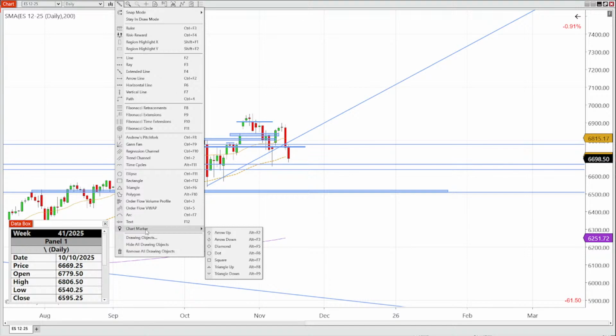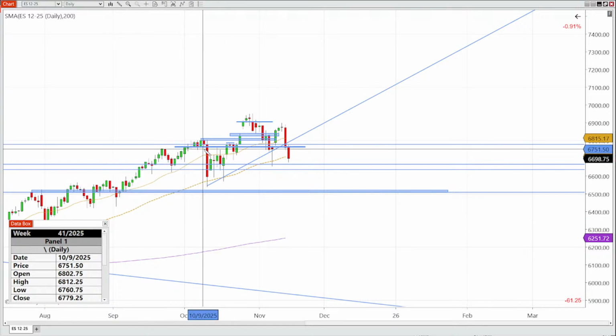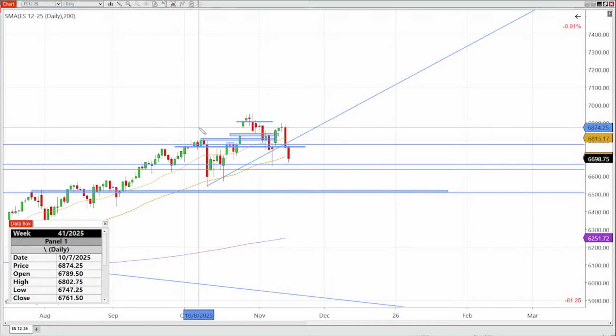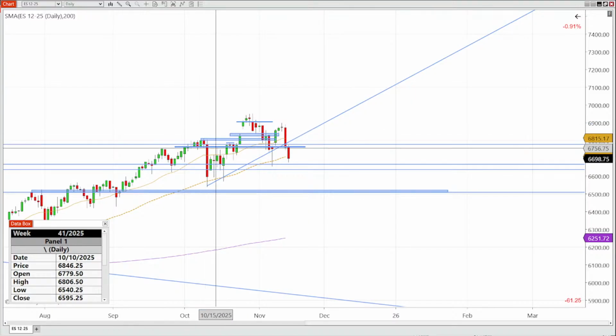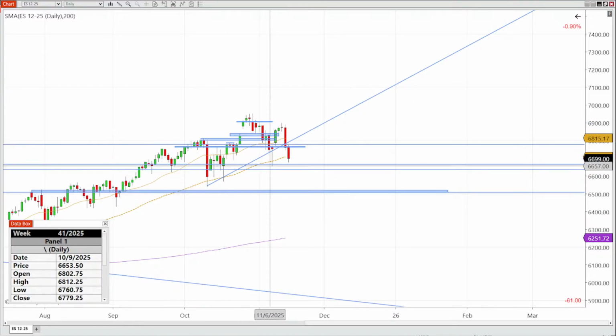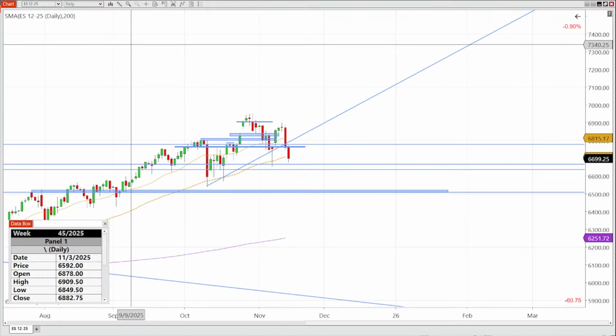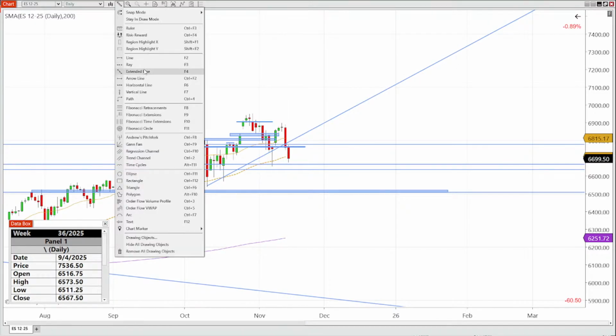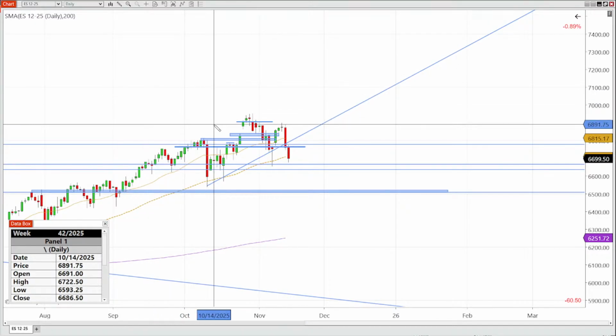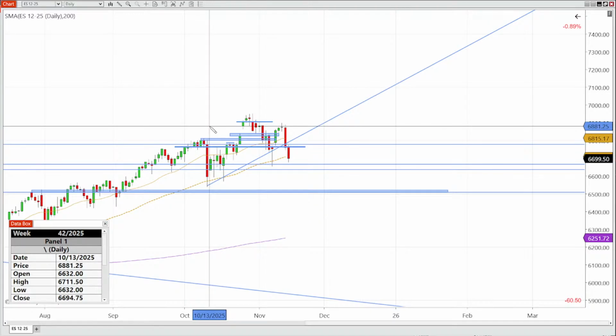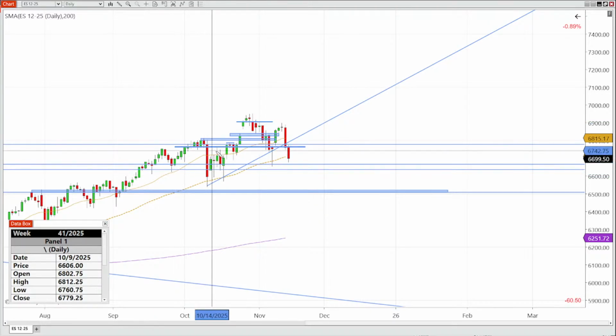Alt F2. Okay, so we got shoulder. Okay, no, I'm not going to do that. Well, we got the shoulder here, head, and the shoulder. So, arrow line. Got a big shoulder, you got a small shoulder.